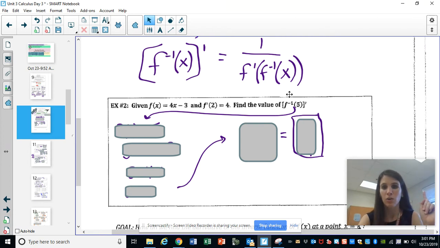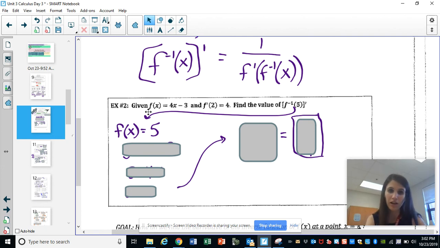First step, we want to know what is f inverse of 5 actually asking? If we think back to the previous page, f inverse of 5 actually means that we're looking for when f of x equals 5.